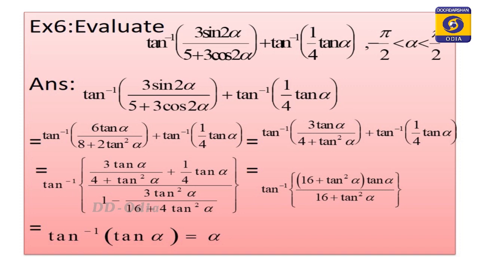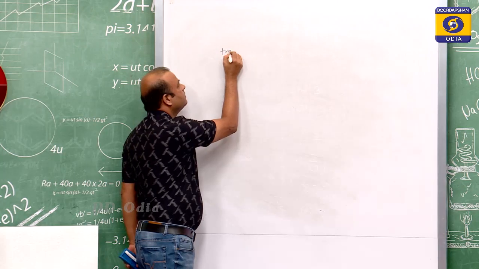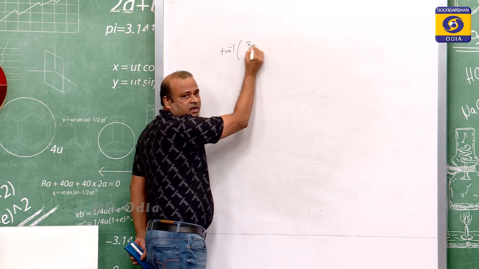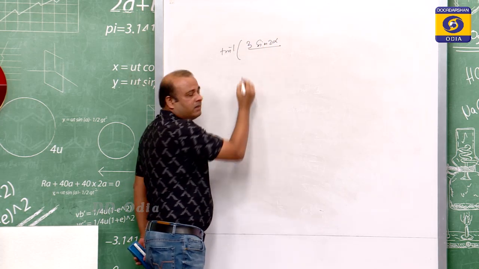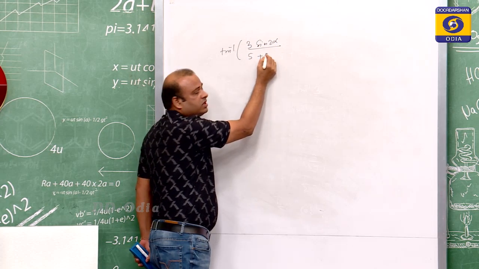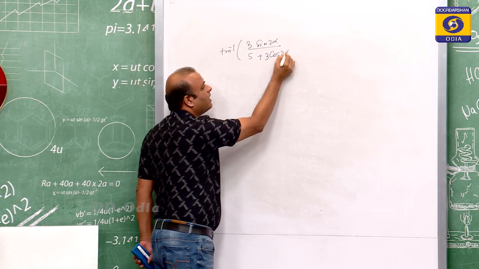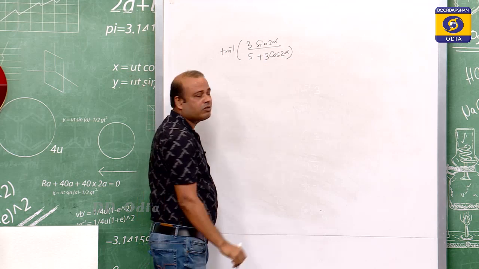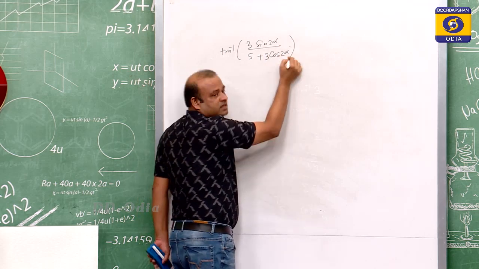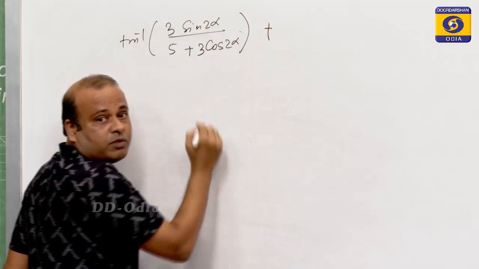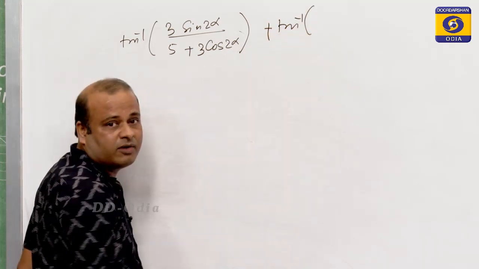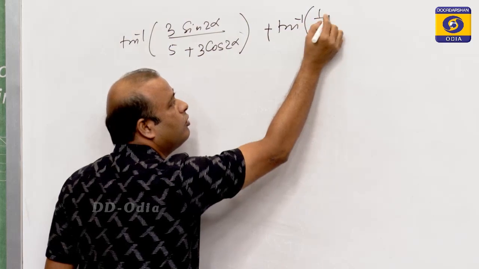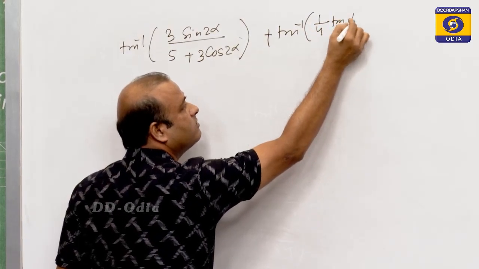So the problem is tan inverse 3 sin 2 alpha divided by 5 plus 3 cos 2 alpha, plus tan inverse 1 by 4 tan alpha.